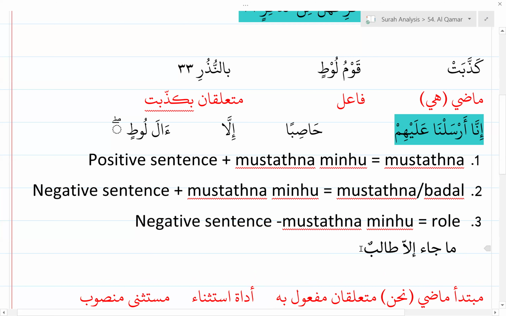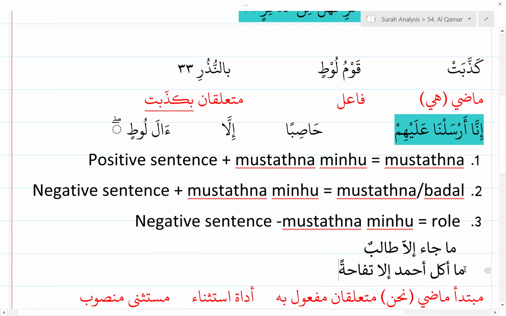Or if I say ما أكل أحمد إلا تفاحة. تفاحة. Why am I putting a fathatain on it? Why am I making it nasab?